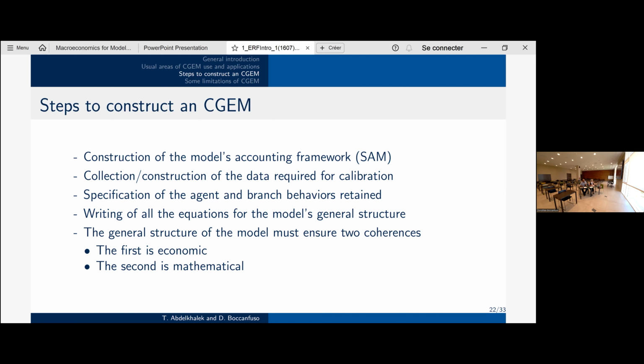We cannot use it because the economic coherence is not there. The second one is the mathematical coherence. The CGE model must be coherent in mathematical terms. So we have two characteristics when we construct a CGE model. The first one is economic coherence. The second one is mathematical coherence. We have to be aware that we have to look at all of these things.